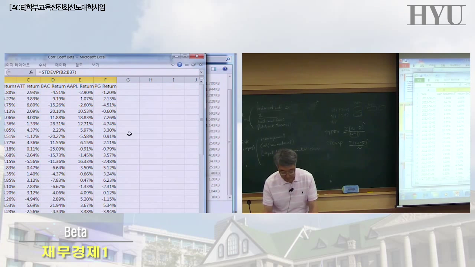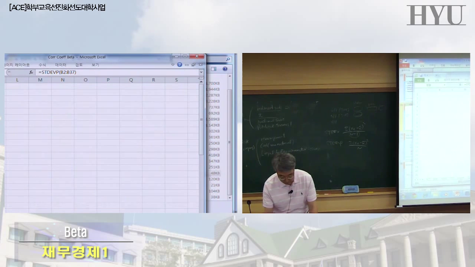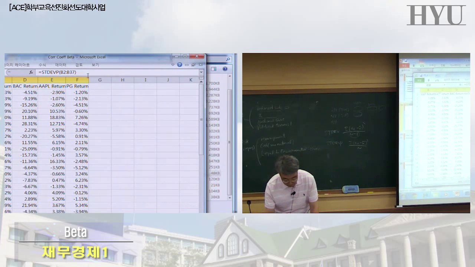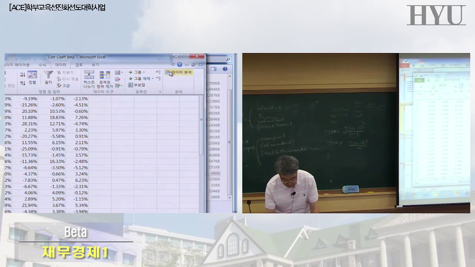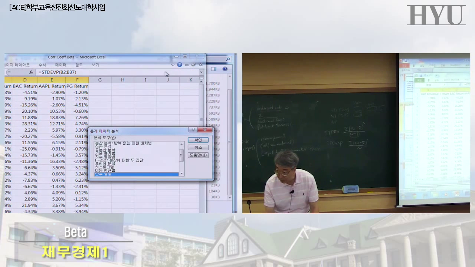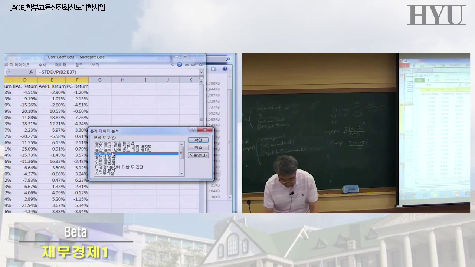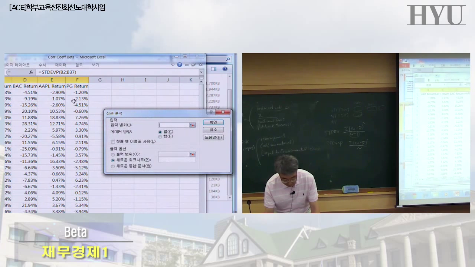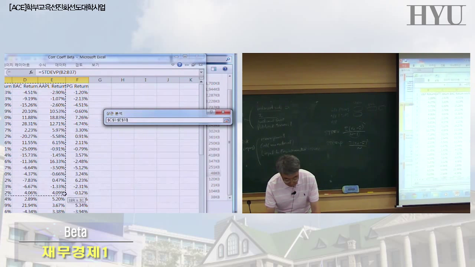And then you also need to calculate the correlation coefficient in order to do the project. So here you need to go to Data Analysis. Sorry about using the Korean version here, but you should say Data Analysis. Among the choices here, there should be Correlation. If you go to Correlation, just highlight all 4 stock returns, including the label.